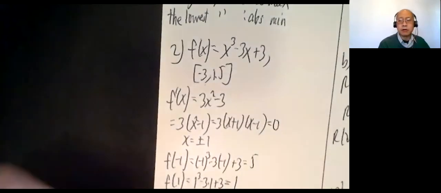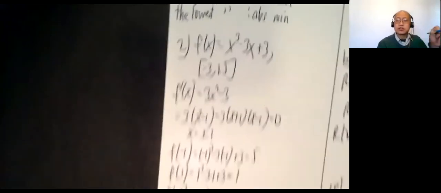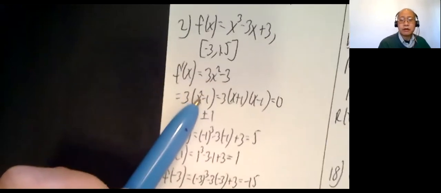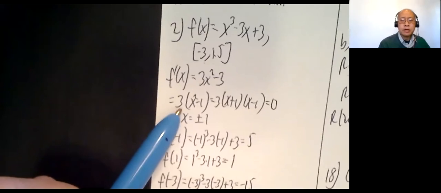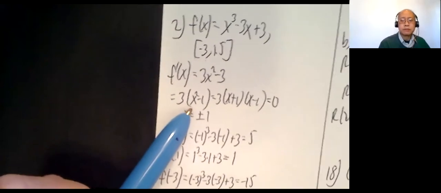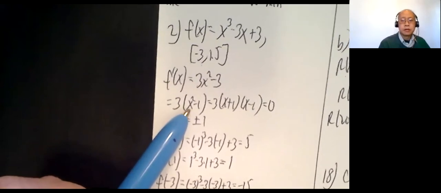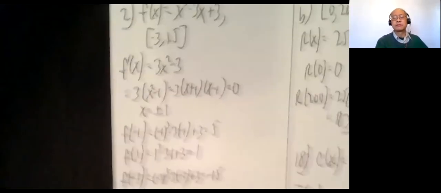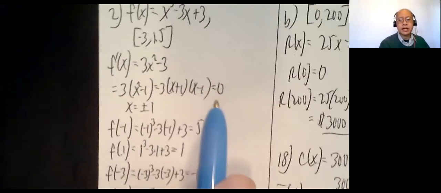Okay, set it equal to 0, right? The critical points, slope equals 0. So set this equal to 0. Factor out the 3. 3 times x squared minus 1. X squared minus 1 factors into x plus 1, x minus 1. Okay, set that equal to 0.